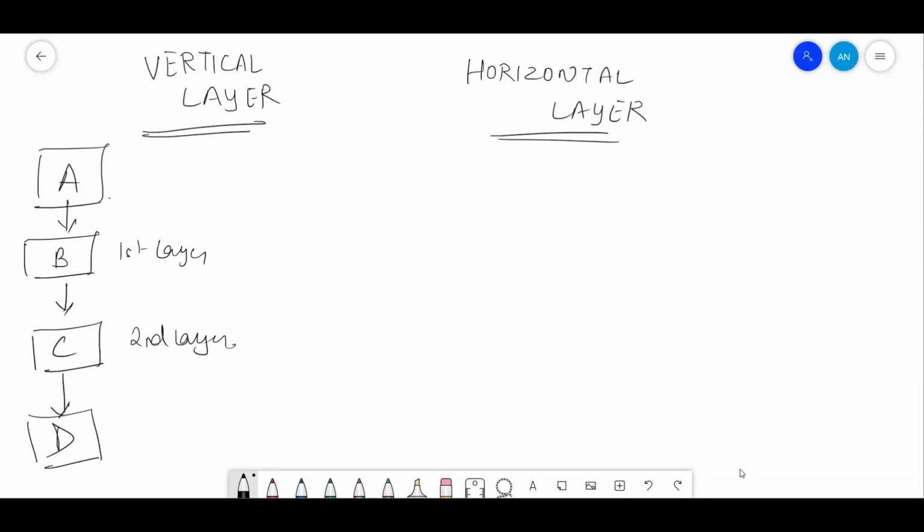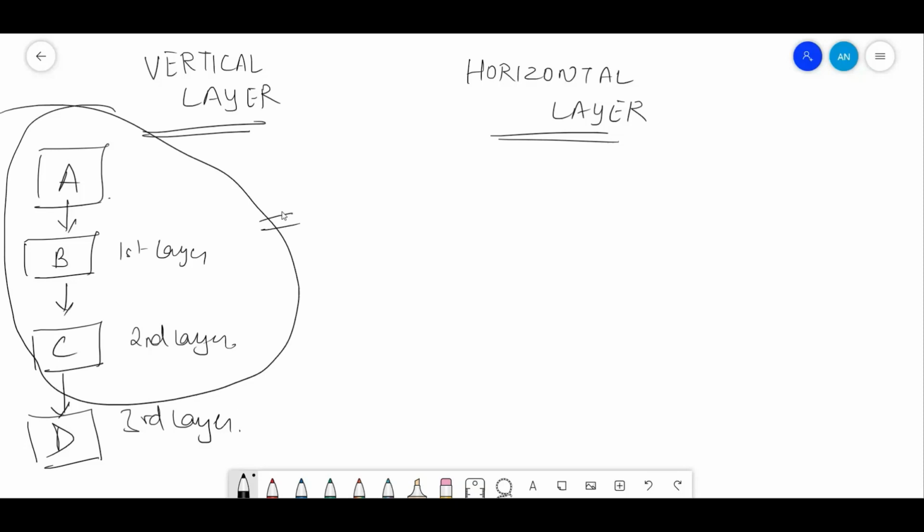And D is a subsidiary of C Limited. This is the third layer. So a company can go up till C. This can be the only outcome of this provision. So the third layer, that is D, cannot be the subsidiary of C, since C is prohibited to invest in a company D. This is what this section is all about.